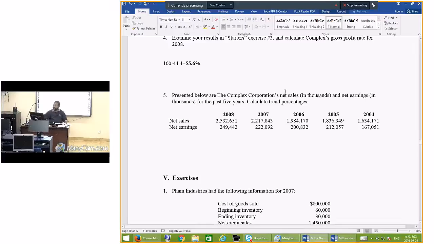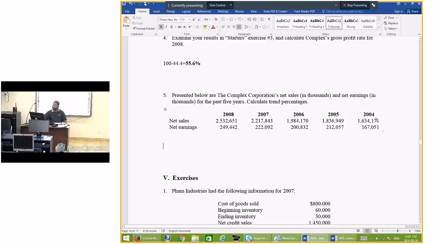We take 2004 as a base year, 100%. Net sales 100% in 2004. How is the change 2004 to 2005? How much increase? 5 to 6 how much increase? 6 to 7 how much increase? 7 to 8 how much increase?